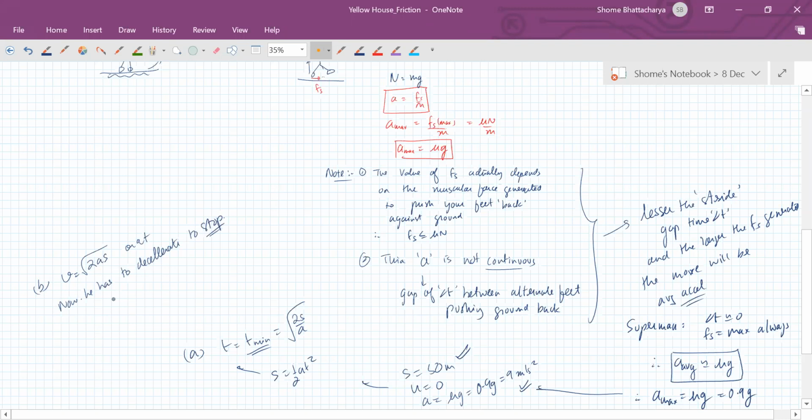So again, the maximum deceleration will be equal to again mu g, because now it's like the reverse action. To decelerate, static friction is acting on your feet backwards.